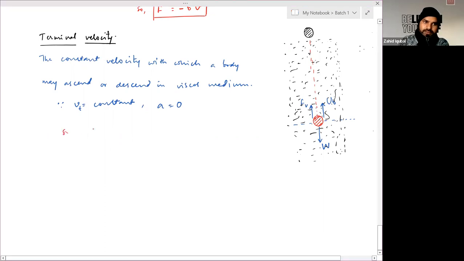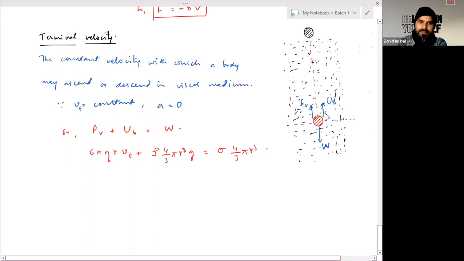So total upward force equals total downward force. Viscous force is 6 pi eta r times velocity. Buoyant force is density of medium times volume of object times gravity. Weight of object is density of object times volume of object times gravity. Move this term to the right side.